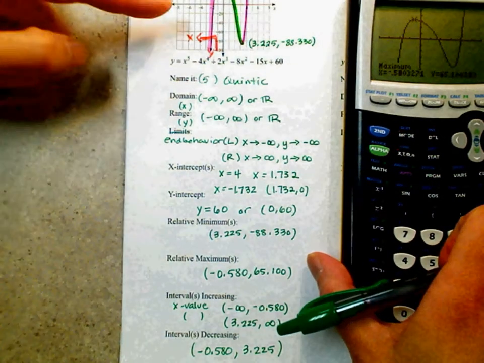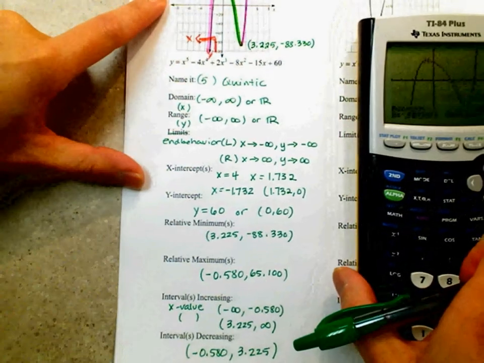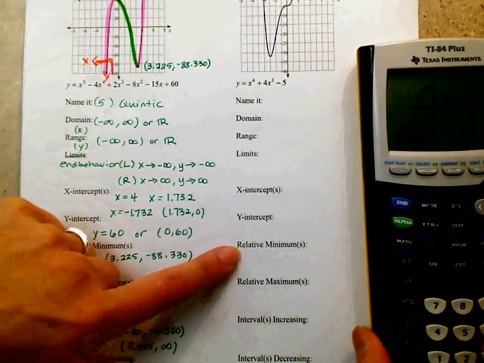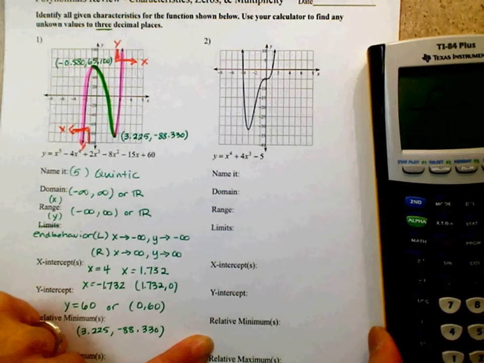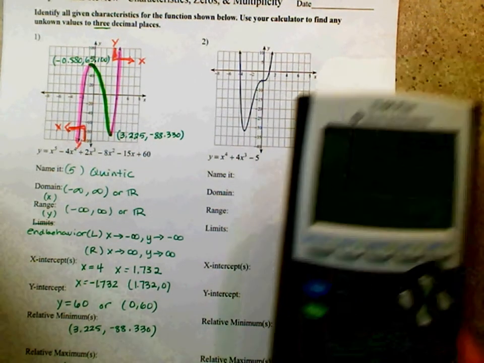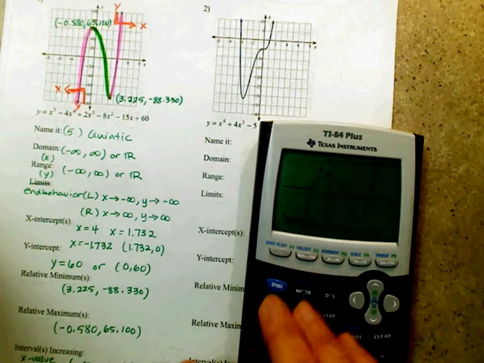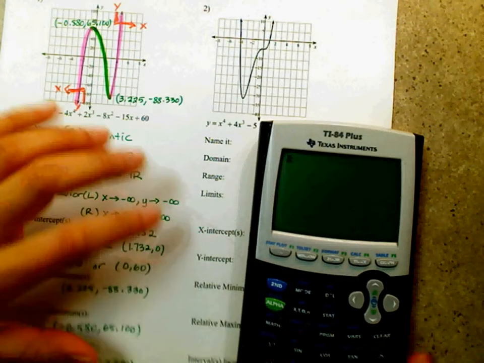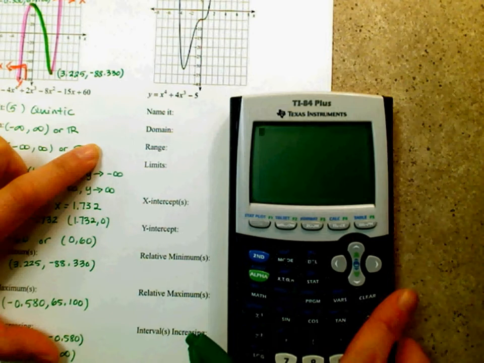All right, let's start another one. Here we go. Number 2. Go ahead and enter your information into the calculator. Okay? Here's a little reminder. Second quit, get out of it. Go ahead and enter your equation. Y equal, clear that.